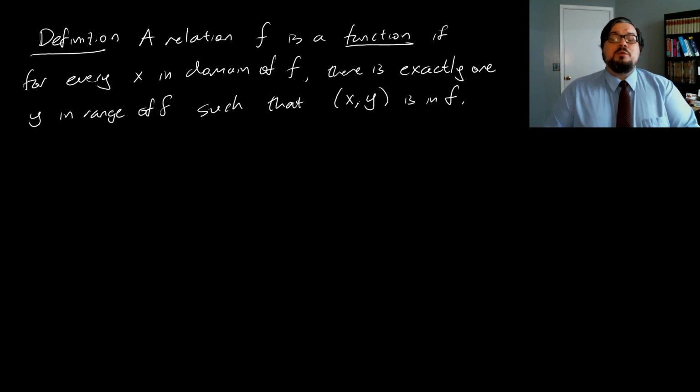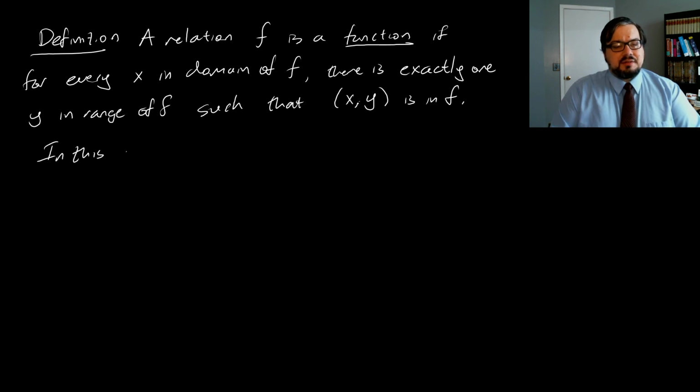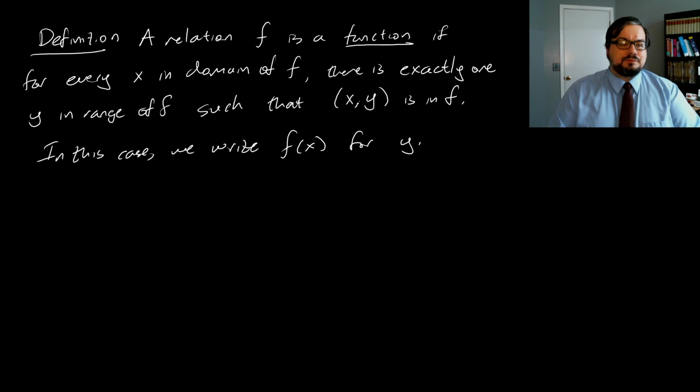Now, when we're dealing with functions, we've got some notation that we use specifically for the inputs and the outputs to the function. In this case, we write f of x for y. This expression right here is pronounced f of x.